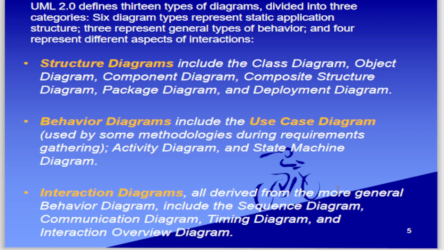And these diagrams will be useful in part of the system requirements. So, the behavior diagrams include the use case diagram, which is used by some methodologies during requirements gathering. They also include the activity diagram and state machine diagram.